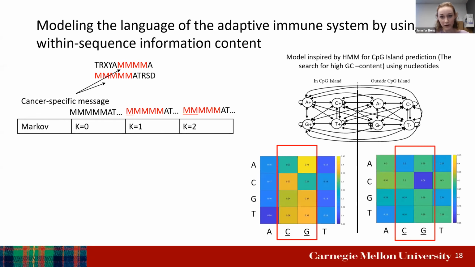Actually, this model that I developed was inspired by this exact method for detecting CpG islands, which is basically the search for high GC content using nucleotides. So this would just be ACGT, so we have a 4x4 matrix here.